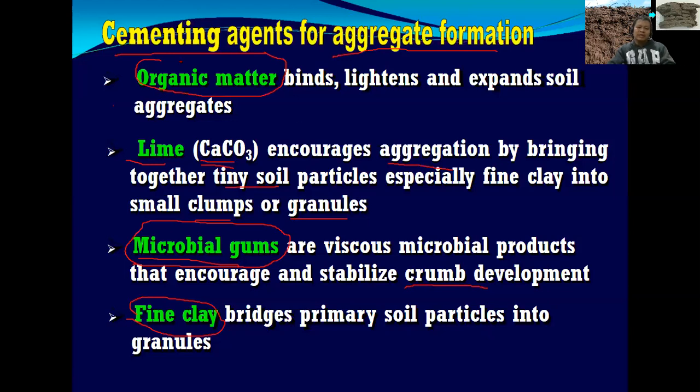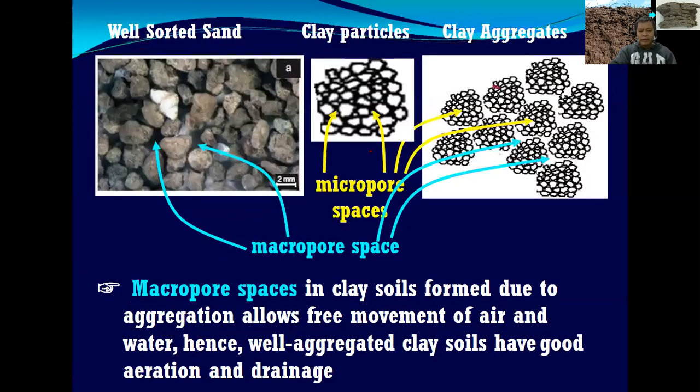So those are the cementing agents. These are the agents that enhance or favor the formation of tiny peds or tiny aggregates in the soil. And structure is very important for soil. Okay, so for example, in a well-sorted sand, take note that we have individual particles.